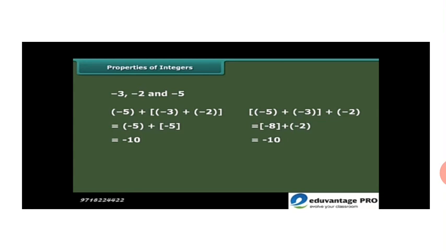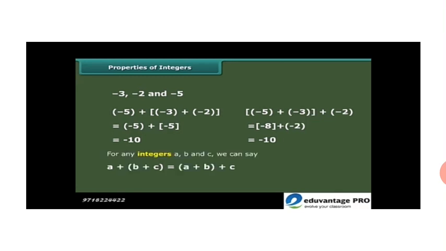So the answer is minus 8 plus minus 2. So the left-hand side is equal to the right-hand side. So the condition is a plus (b plus c) is equal to (a plus b) plus c. This is the condition.